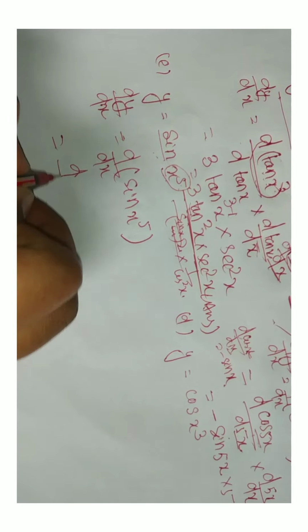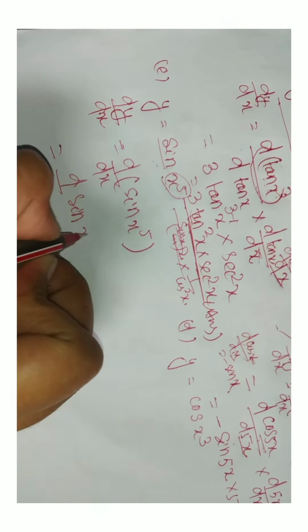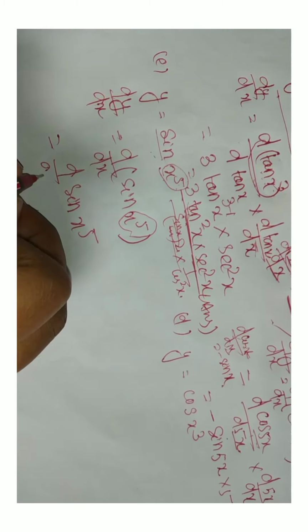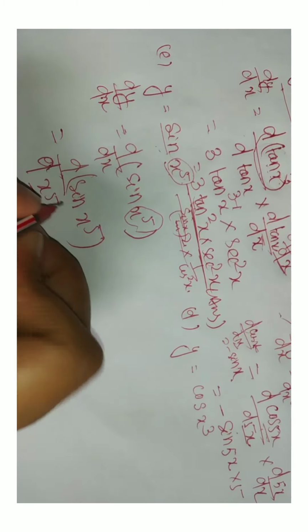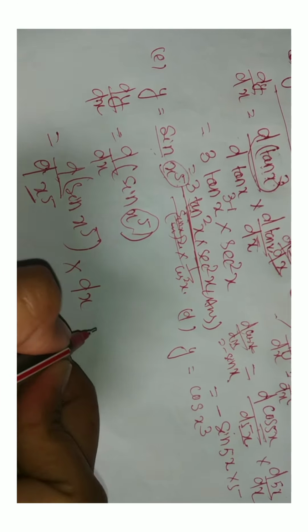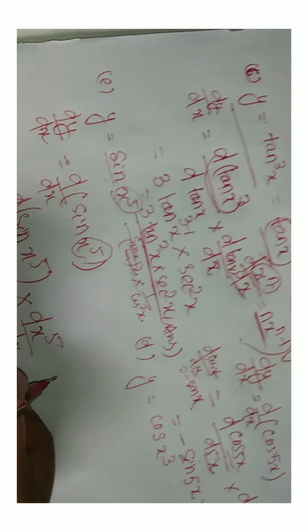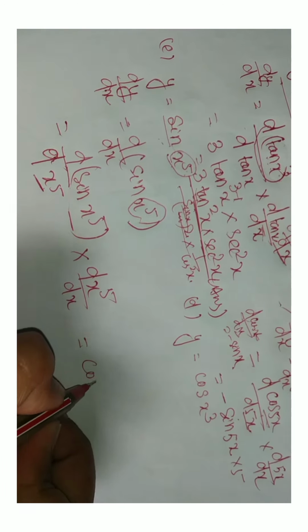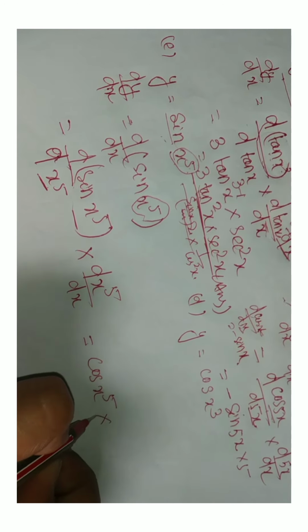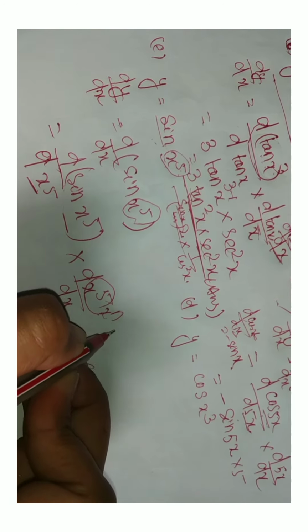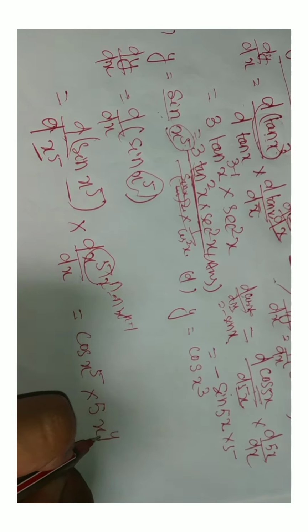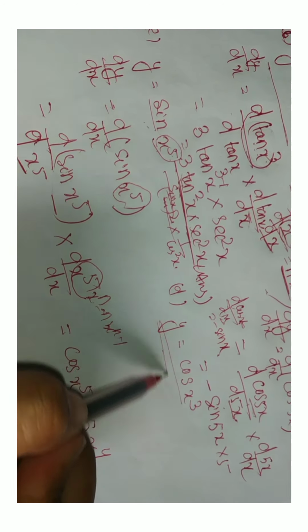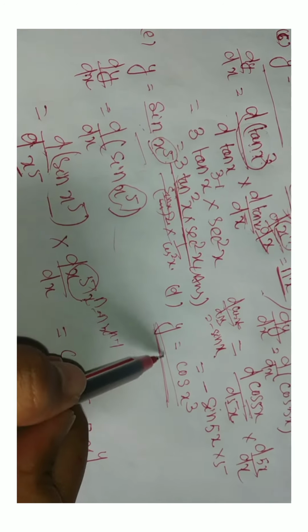That is the derivative of sin x to the power 5 by d sin x into the derivative of sin x by dx, that is equal to 5 sin x to the power 4 into cos x. It is the formula of x to the power n, so n into x to the power n minus 1, here 5 into sin x to the power 4. Here also you can solve by this method.